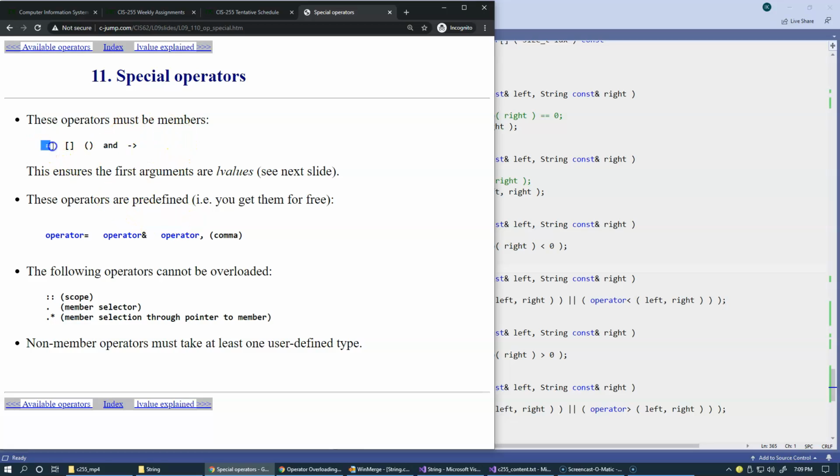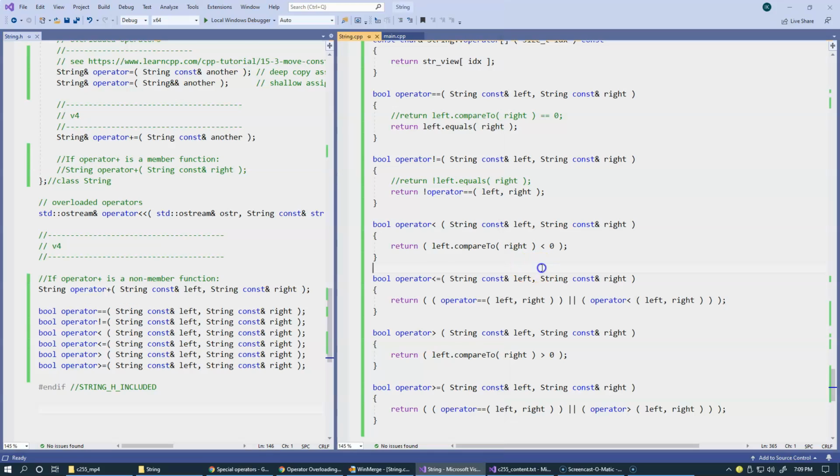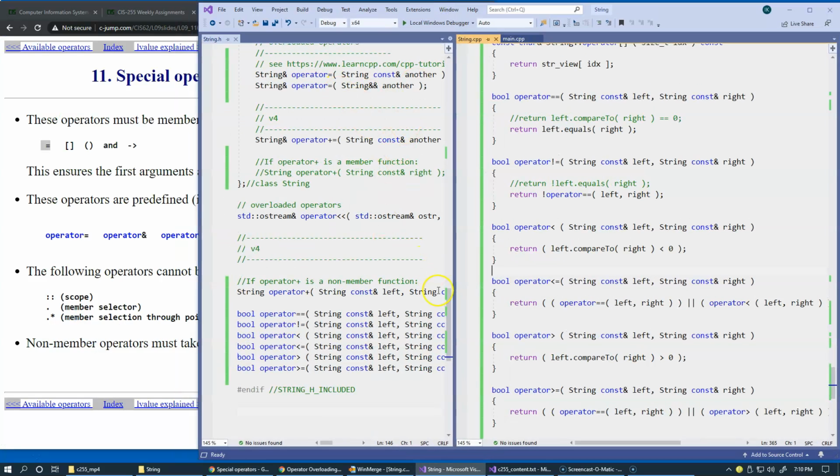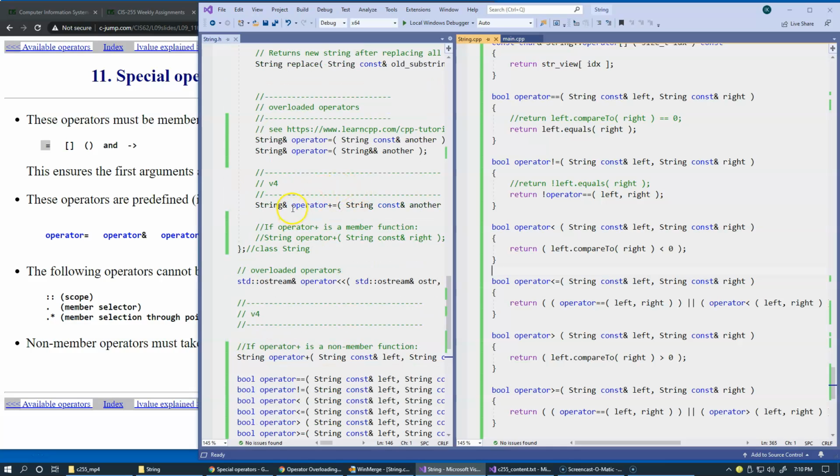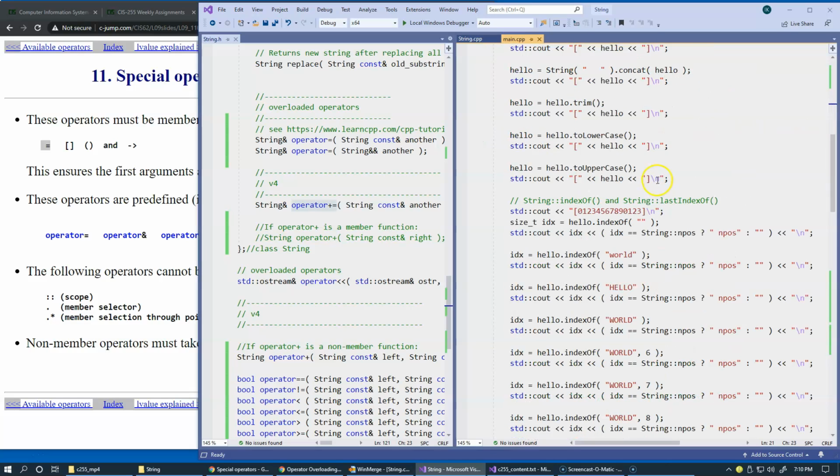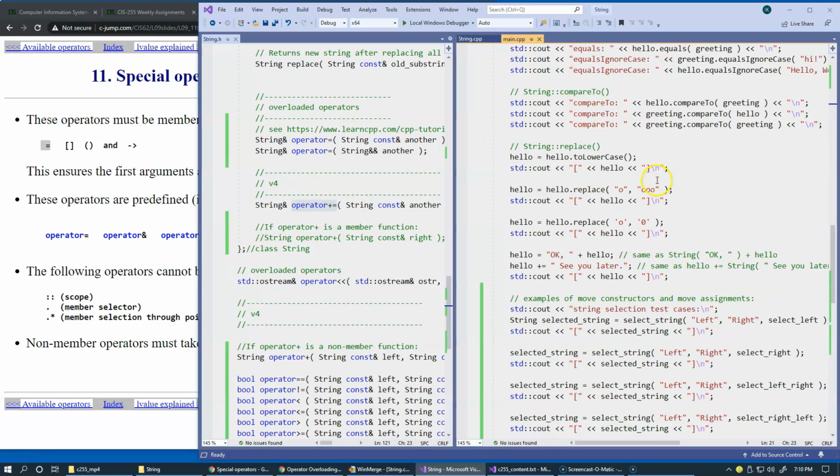All of the assignments, including arithmetic assignments, just like those that we had in our example, for instance, plus equals, and the example of it was that this is the concatenation, and this is sort of like concatenation in place.